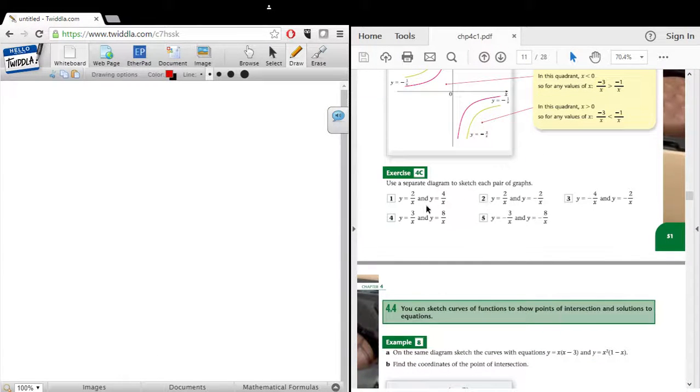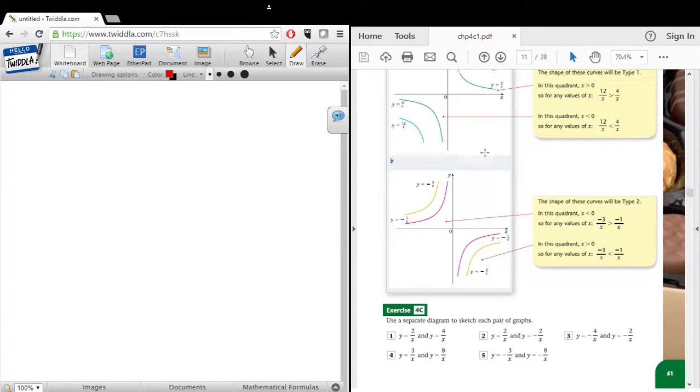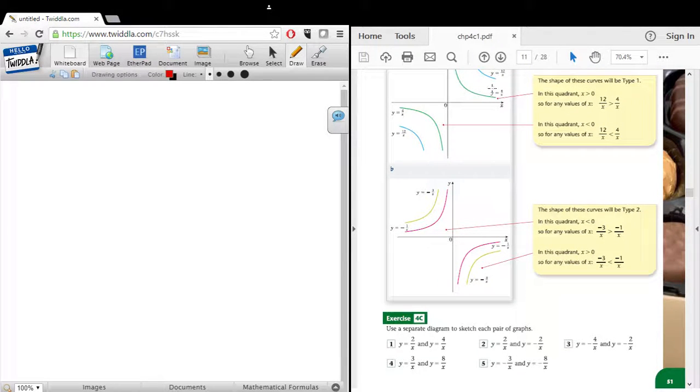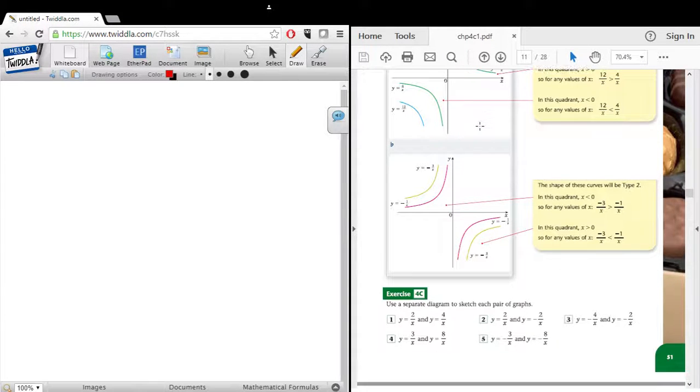Again, some examples here: positive 1, positive 1, positive, negative. Okay, so you can see that if you draw it out, it is going to appear in this particular quadrant. If you draw this out, it's going to appear in either this one or this particular quadrant.